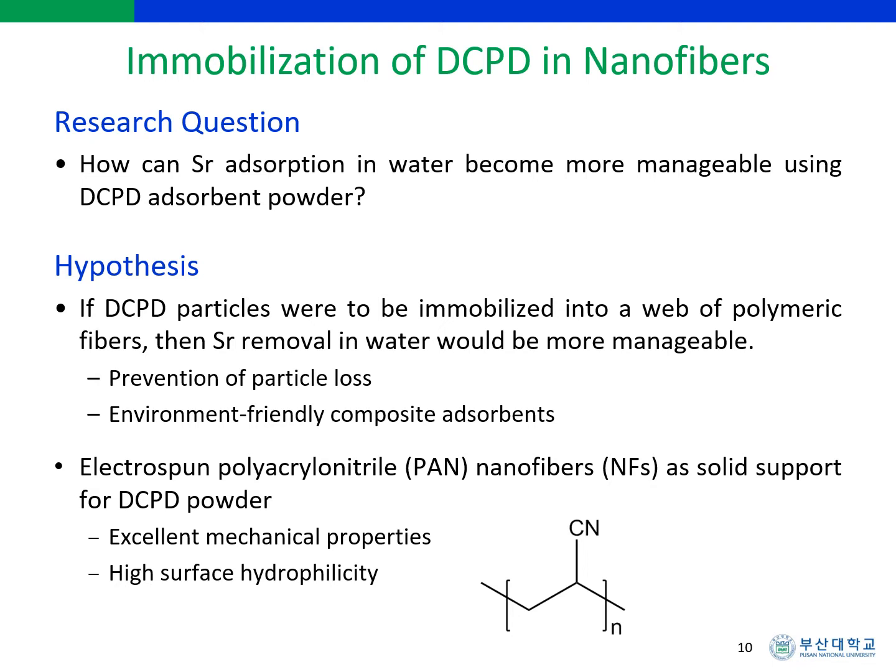PAN-NF does not require post-treatment, unlike water-soluble nanofibers such as polyvinyl alcohol, which require thermal or chemical cross-linking to prevent dissolution in water. In view of this, PAN-NF is the best candidate in immobilizing DCPD adsorbent powders for the removal of strontium ions from water.